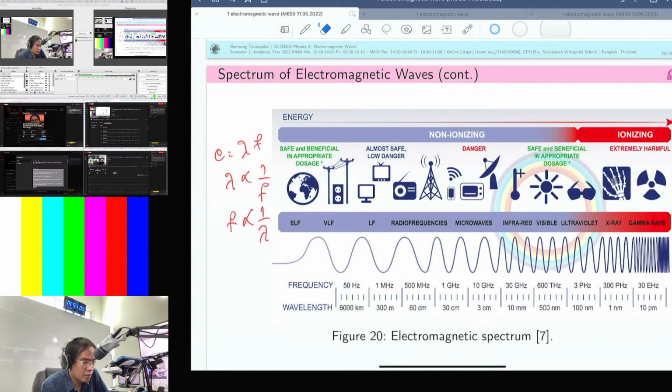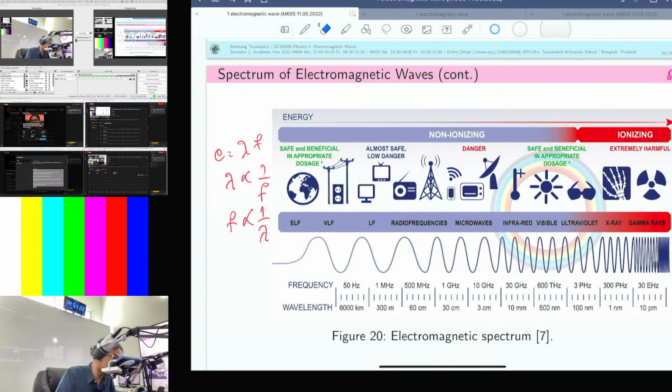Because of the short wavelength, it gives a very, very high frequency, like 300 petahertz. And unfortunately or fortunately, I don't know, it also brings high energy.